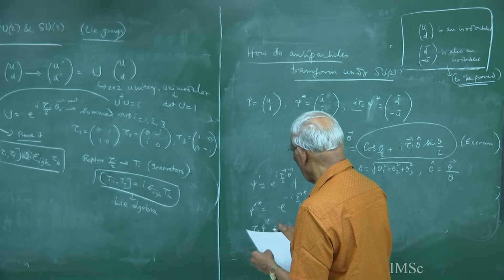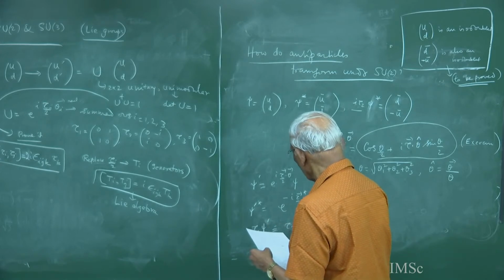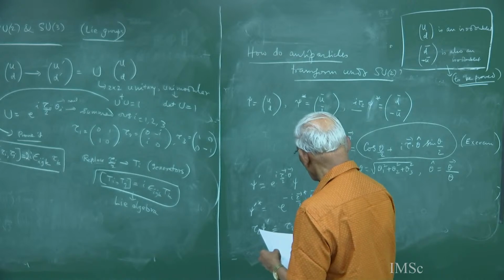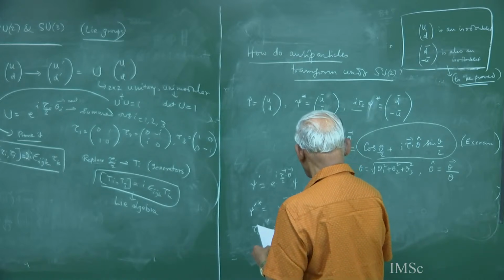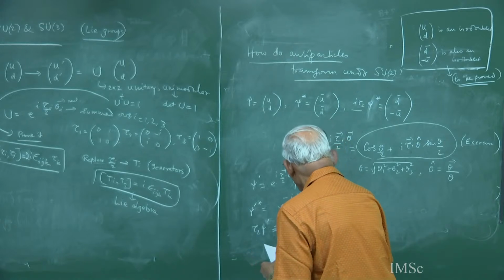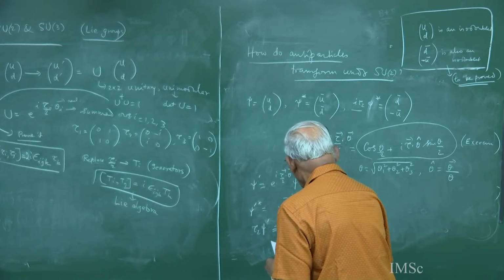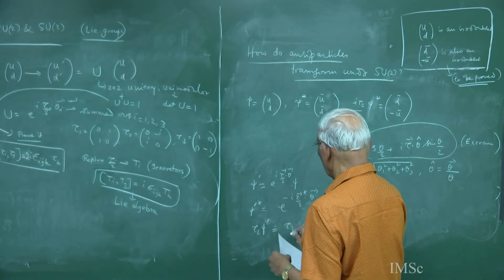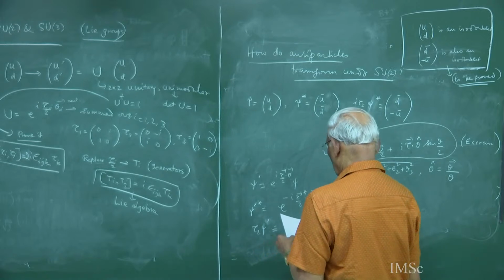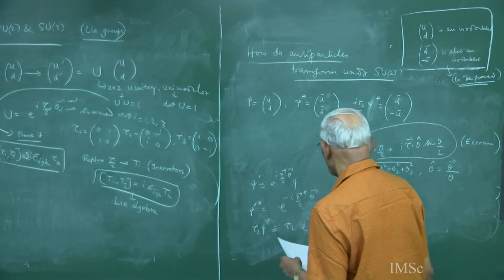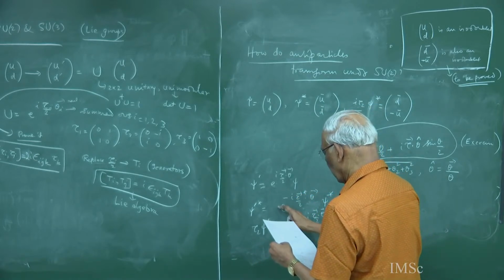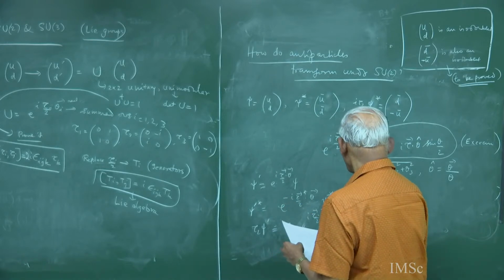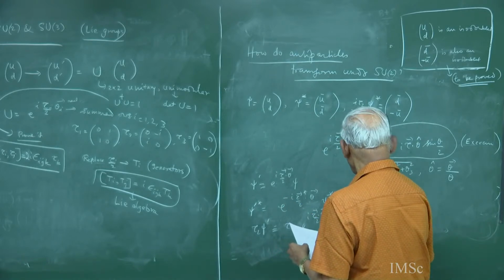So you get, okay, I simply multiplied on the left, then multiply this also by tau 2 psi prime.